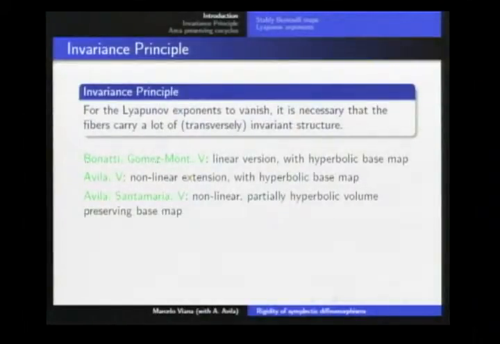Then with Artur, we extended the statement for nonlinear systems, again with a hyperbolic base dynamics, and that's where we coined the expression invariance principle. There's also a paper, to appear in Astérisque, jointly with Jimmy Santamaria, where again we extended this invariance principle for partially hyperbolic base dynamics, again nonlinear.